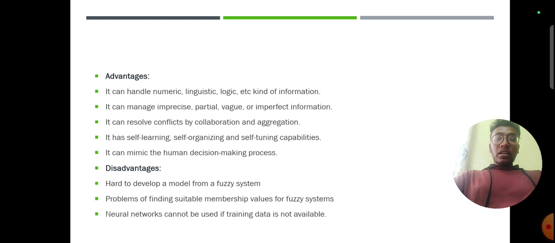It can mimic the human decision-making process. So these are the advantages of this model, and the disadvantages are: it is hard to develop a model from a fuzzy system, problems of finding suitable membership values for fuzzy systems, and neural networks cannot be used if the training dataset is not available. So these are the main disadvantages of using this system.